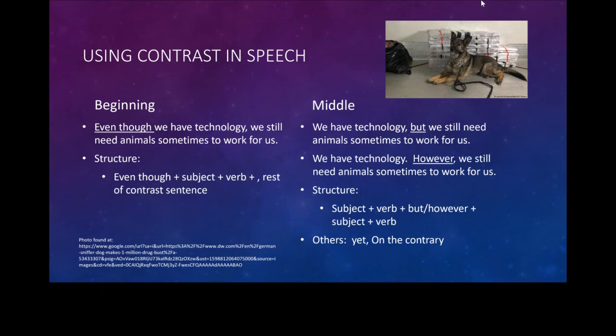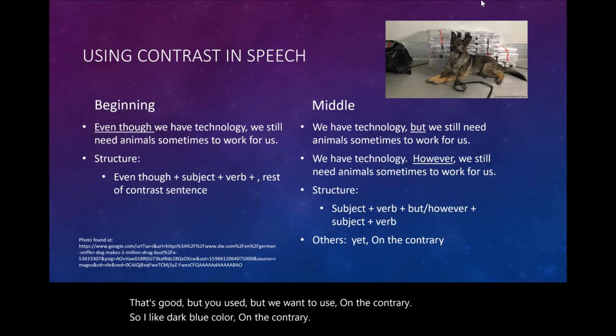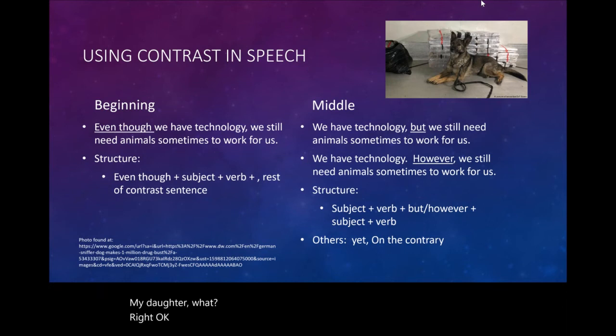Okay, that's good, but you use but. We want to use on the contrary. So I like dark blue color. On the contrary, my daughter likes green color. Right. Okay. So good. That's a good example.